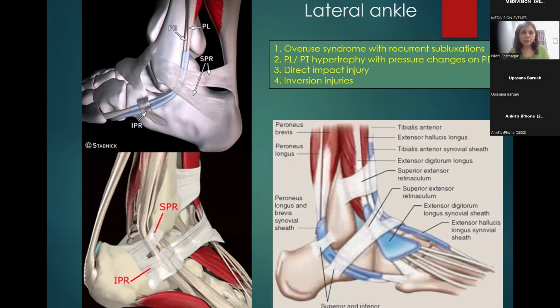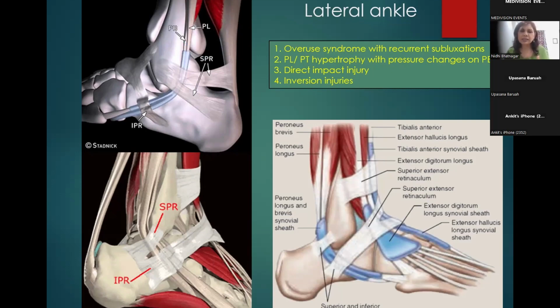The quick recap, Upasana has dealt with it. So the lateral compartment with muscles peroneus brevis and peroneus longus. We have both these tendons running along the posterolateral surface of the fibula. So immediately posterior to the fibula will be peroneus brevis, and immediately posterior to the peroneus brevis is peroneus longus.